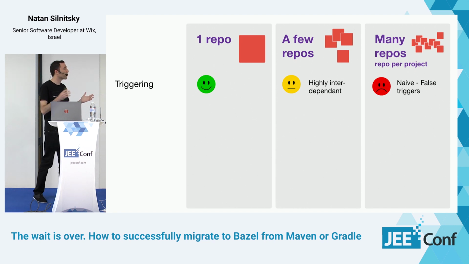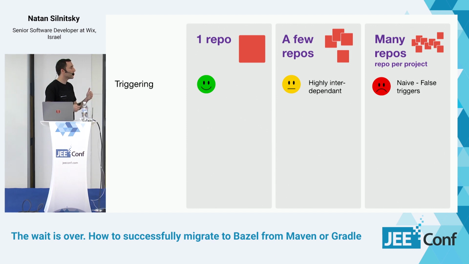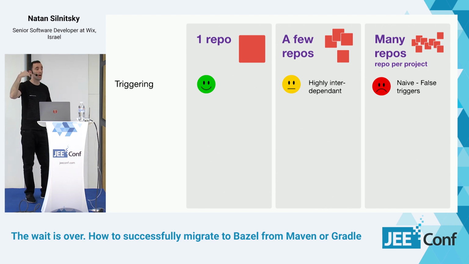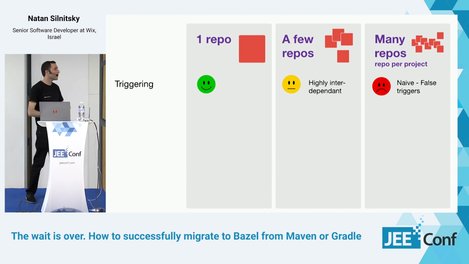And of course, if you have one repo, you always execute Bazel build on the entire repository, and Bazel is really optimized to understand only the small changes that took place in that large repository.